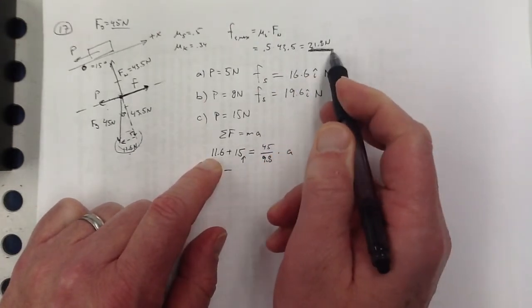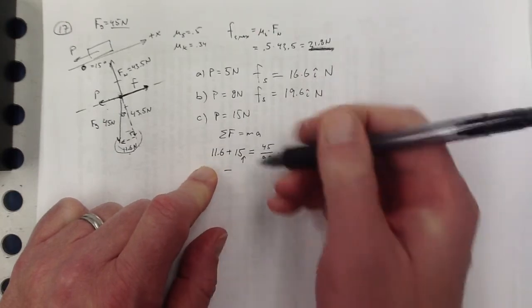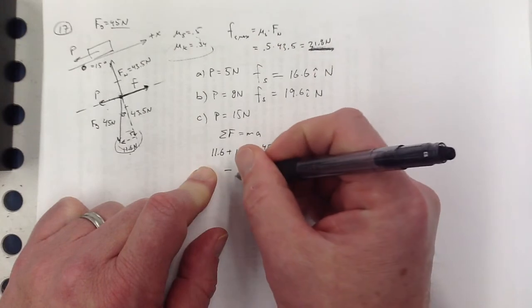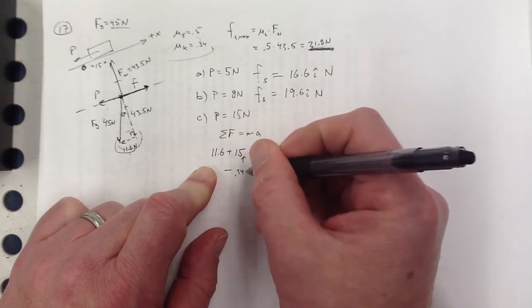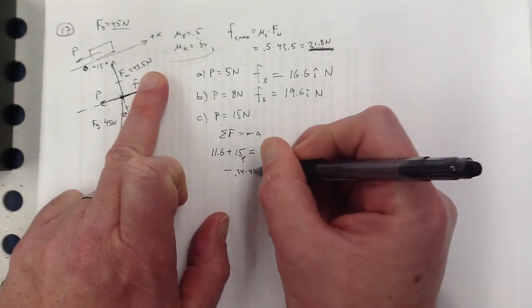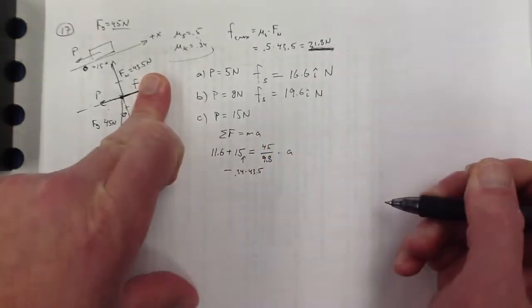The static friction can't cover that anymore. So the friction here that I have is going to be my kinetic friction, which is 0.34 times the normal force, which is 43.5.